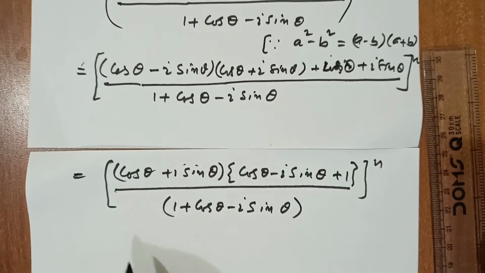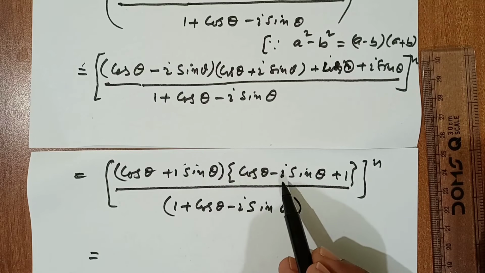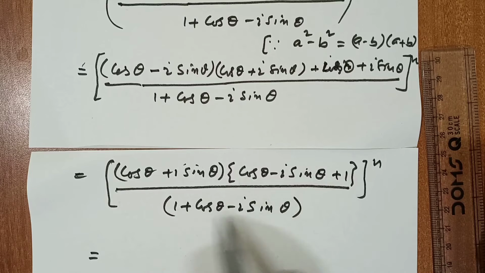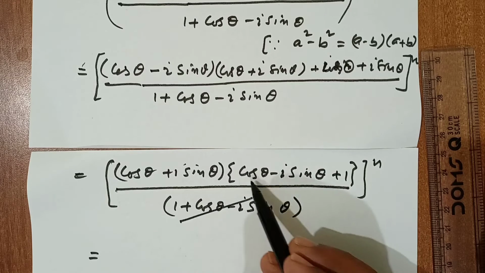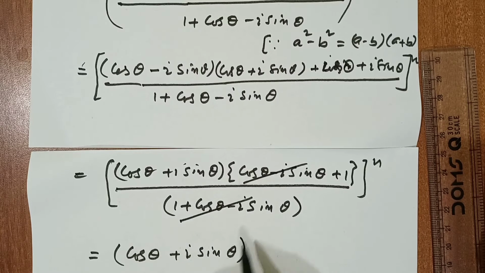Now this is the same thing, cos theta minus i sin theta plus 1, so this cancels. So this is equal to (cos theta plus i sin theta) to the power n.